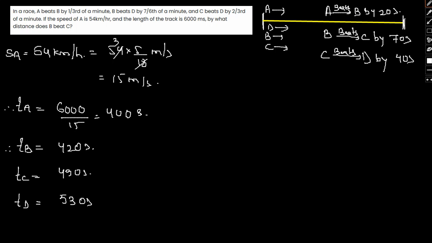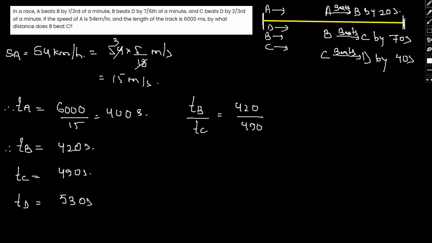Now what else do we need to find? We need to find the distance by which B beats C. Now if we take a look at the time of B and the time of C, the ratio is 420 by 490. Okay guys, my bad.